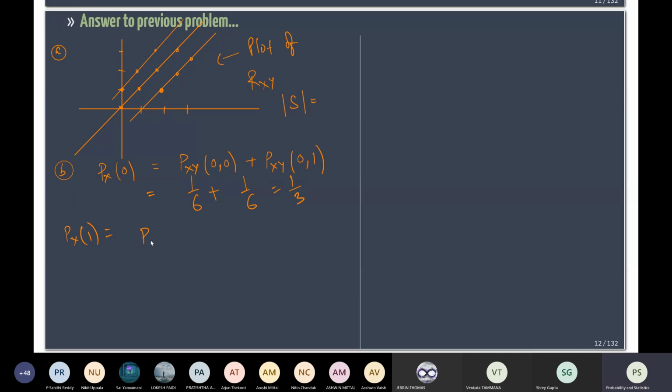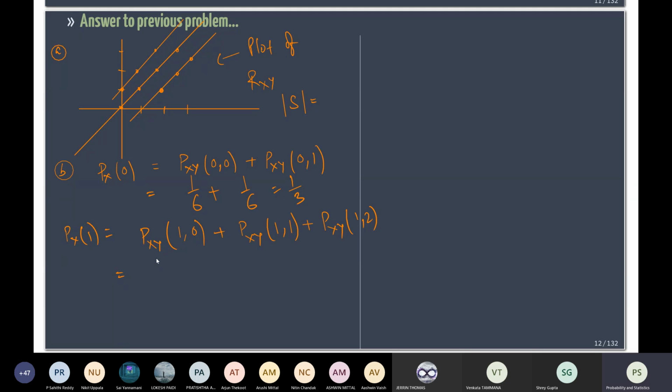Then pX(1). What are the possibilities? We take the joint: (1,0) is a possibility, and (1,1) is also a possibility, because 1 minus 1 is 0, and (1,2) too. These are the only possibilities.